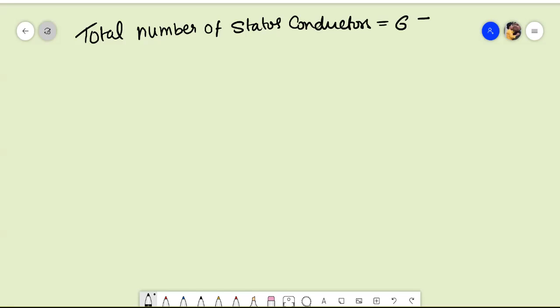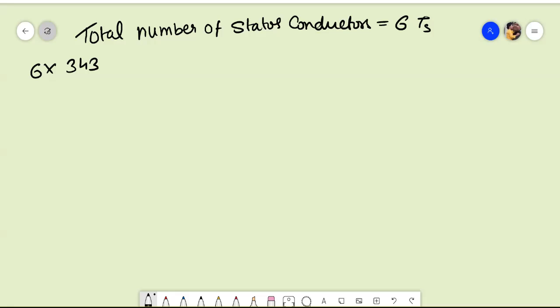will be equal to 6 times TS. That is 6 times 343.